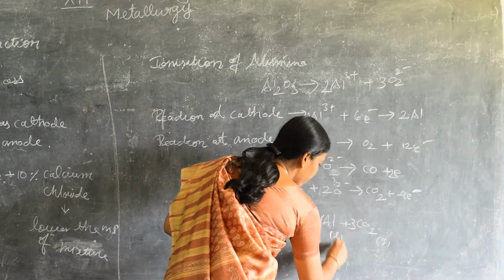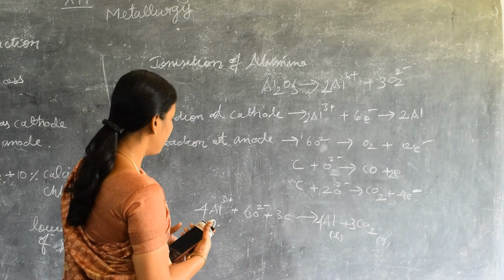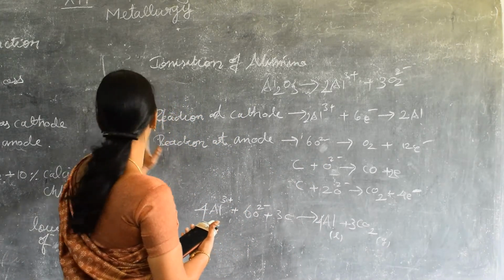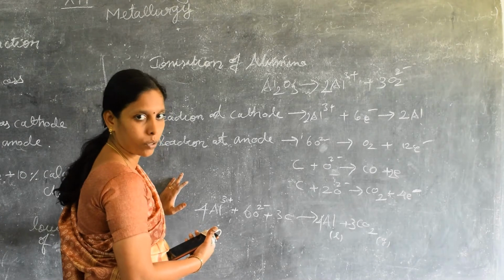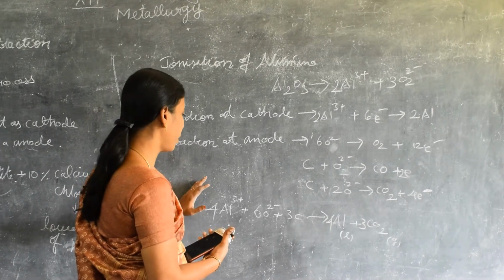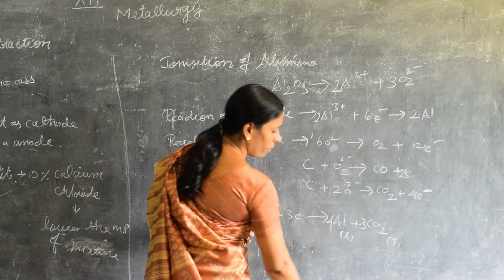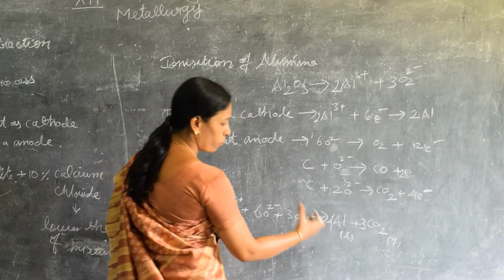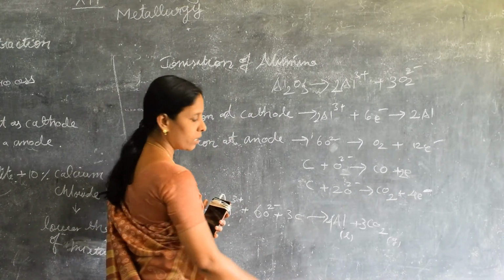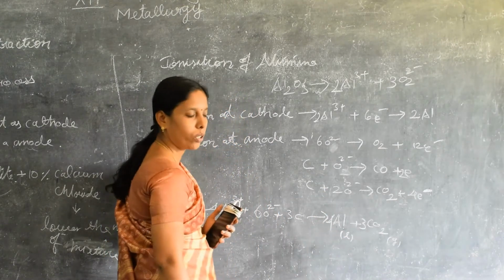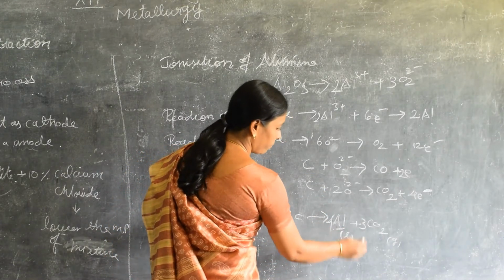Aluminum is a liquid. This is the net reaction of the extraction of aluminum process. And then we get pure metal. Pure aluminum is formed at the cathode and settles down at the bottom.